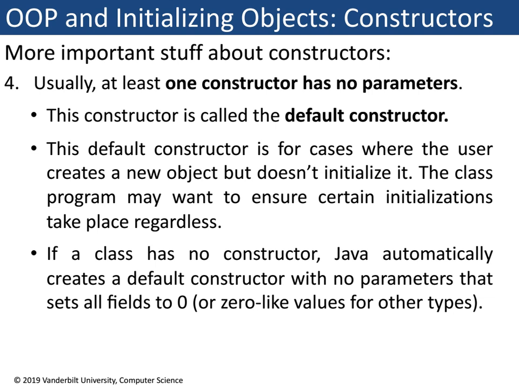So this is the same behavior from Java that we saw with the toString method. Java automatically gave us a default toString method, but it didn't have the functionality we wanted, so we had to override the toString method. Same thing here.